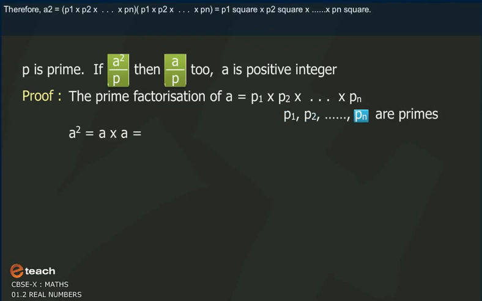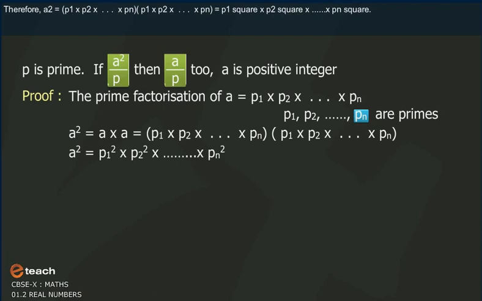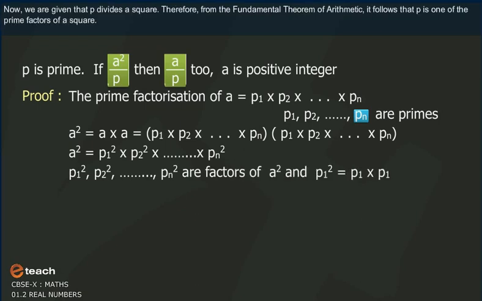Therefore, a square is equal to p1 into p2 into pn times p1 into p2 into pn, which is equal to p1 square into p2 square into pn square. Now, we are given that p divides a square. Therefore, from the fundamental theorem of arithmetic, it follows that p is one of the prime factors of a square.